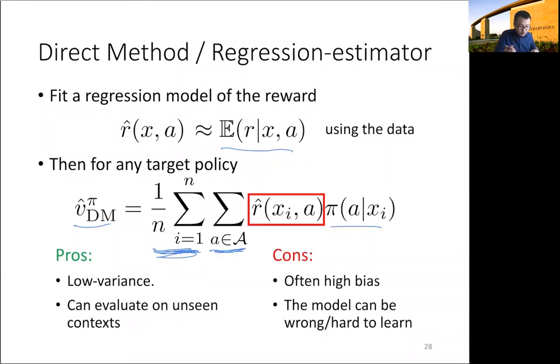The issue is that this approach heavily relies on how good this regression model is. If this regression model is biased or high variance, or is not able to represent the complex function of the expected reward, then it will potentially perform very poorly and lead to high bias.